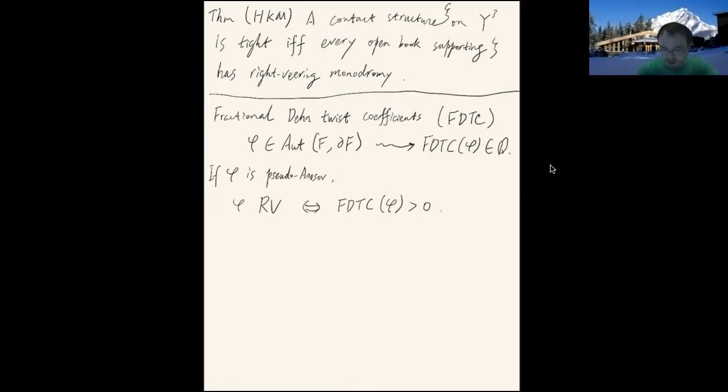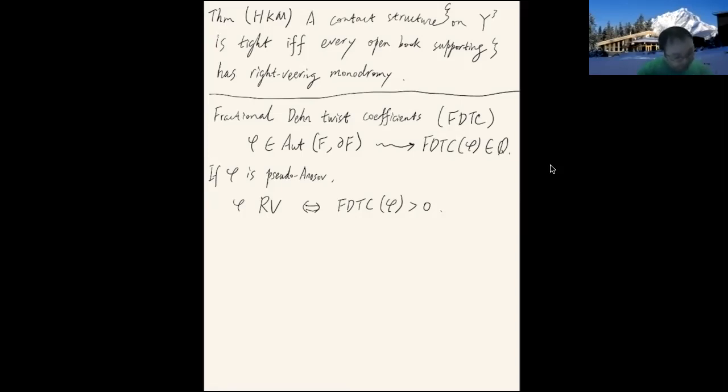In general, I think there may be a problem when the fractional Dehn twist coefficient is 0, which I'm not quite sure about, but at least for pseudo-Anosov monodromy, which is the case we're interested in here, right-veering is the same as the fractional Dehn twist coefficient being positive. And that's an ingredient of our result.